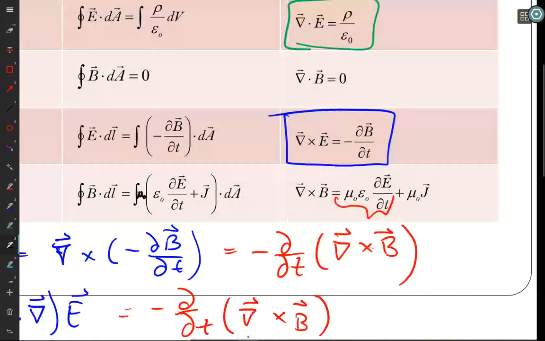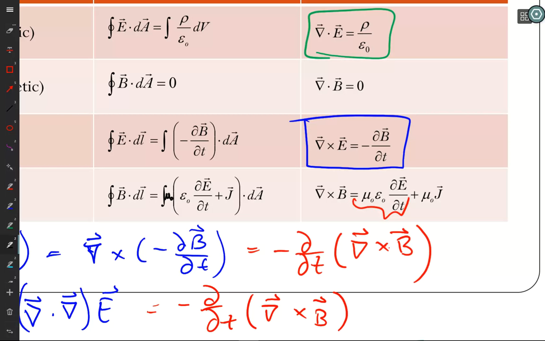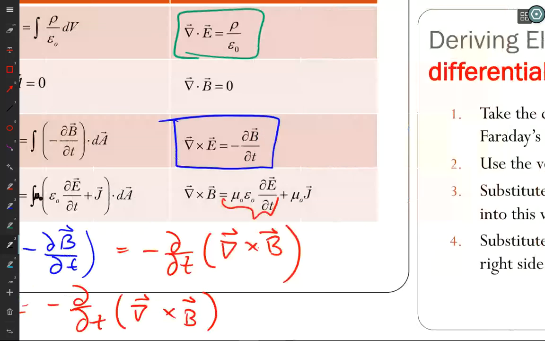I was missing that mu naught in my equation. It's kind of important. So the form that you learned is just the integral of B dot dl is equal to mu naught times the current. The dE/dt stuff was 0 for what we're going to do, and the integral of j dot dA is just current.